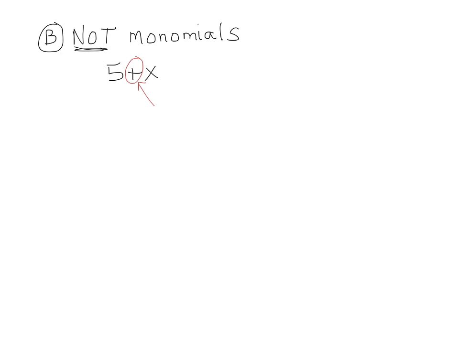Another thing that would not be a monomial, 3 over n, because another way to write 3 over n is 3 times n to the negative 1. That's not a monomial, because remember, we're only allowed to have whole number exponents, and negative 1 is not a whole number. Whole numbers start with 0 and count up.